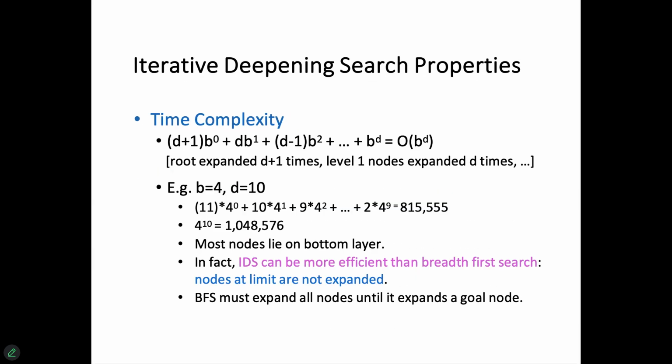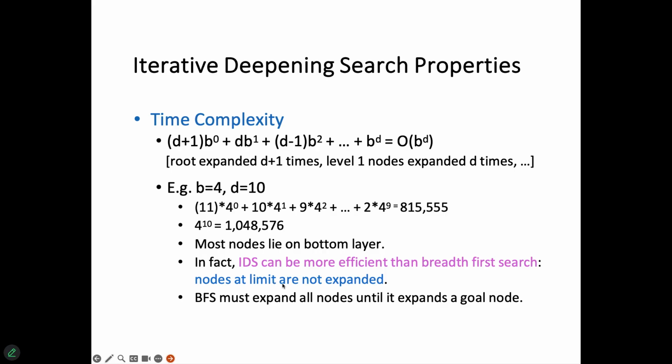Now, this is just an example. If, for example, your B is 4, B being the maximum number of successors, and say your D is 10, then your complexity will be 4 to the power of 10, right?